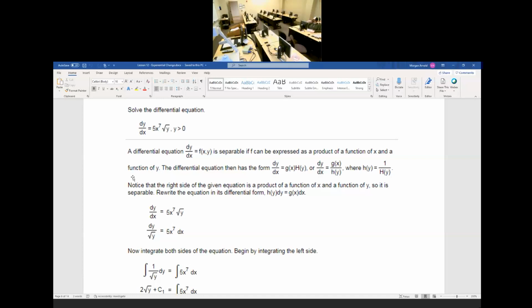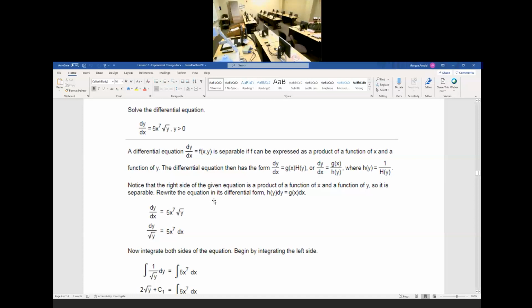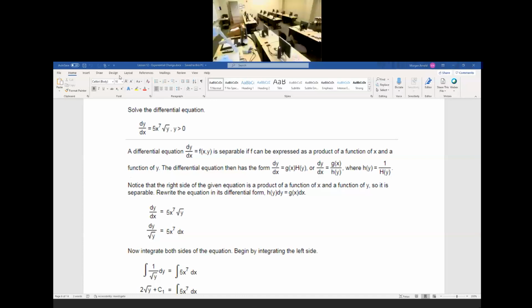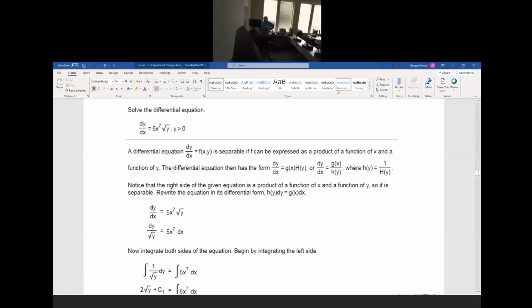When you have a differential equation like this and you're trying to solve it, you want to get all of your x's, including the dx, on one side, and you want to get all of your terms that contain a y on the other side. So that's what we're doing here to solve this particular equation. So let me copy and paste this to our paint.